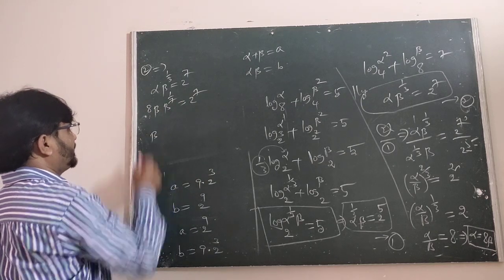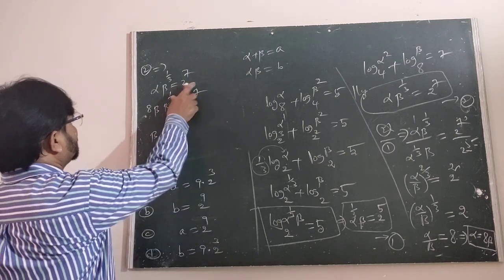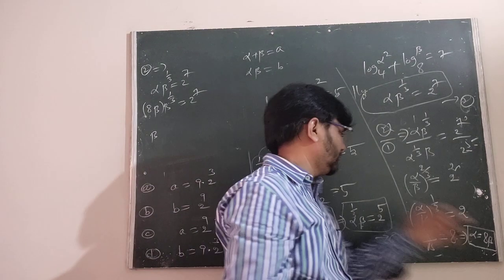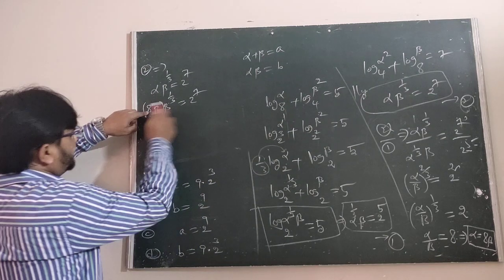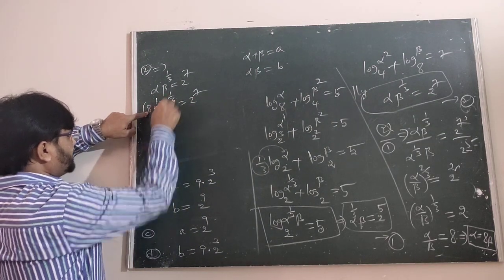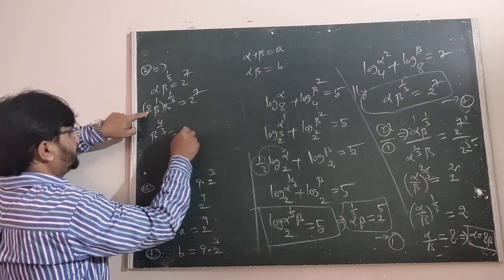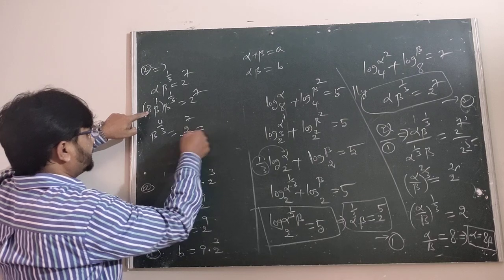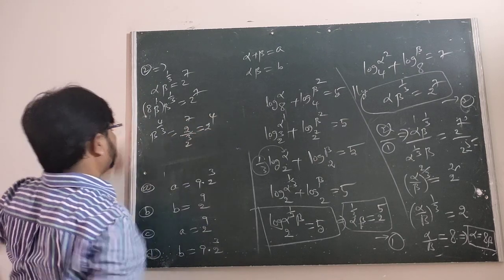Therefore, 8 is sent to the other side by 8. Beta power, 1 plus 1 by 3, that is 4 by 3, equals 2 power 7 by 2 cube. This can be written as 2 power 4.